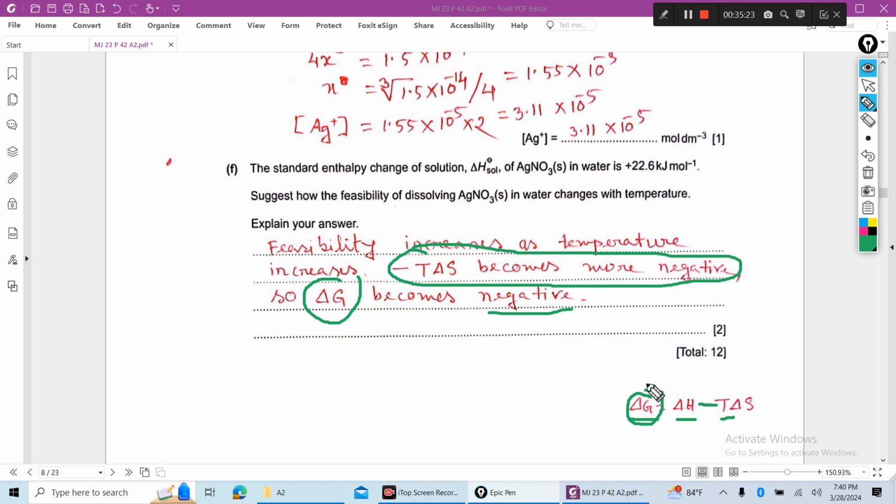If Gibbs free energy becomes negative, solubility increases.